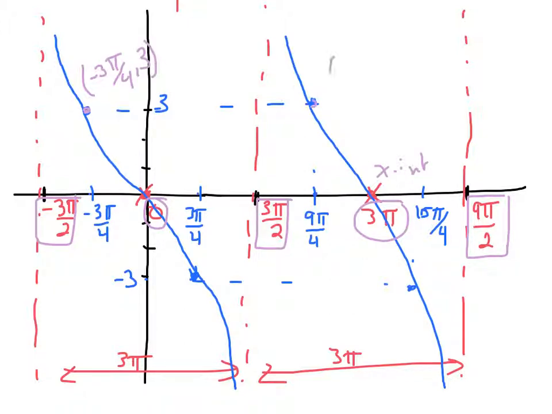This point right here is 9 pi over 4, comma 3. Now down here, we're going to do 3 pi over 4, negative 3. And this point right here is going to be 15 pi over 4, comma negative 3. Those are all the key points that you need to keep in mind: the x-intercepts, the asymptotes, and 4 additional points.